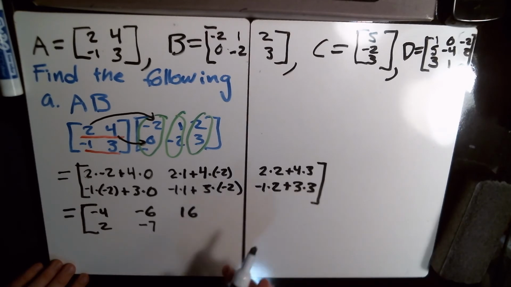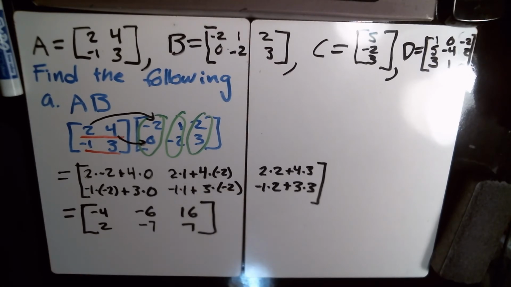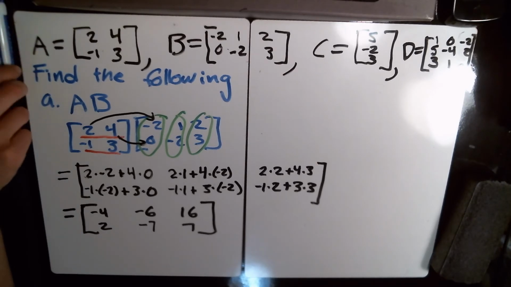Negative 2 and 9 is 7. Okay. So this would be the result when we multiply those two matrices together. So again, it's a little more complicated than the addition and subtraction, but you kind of get an idea for what's going on here.